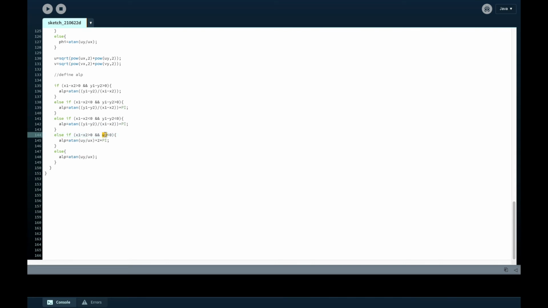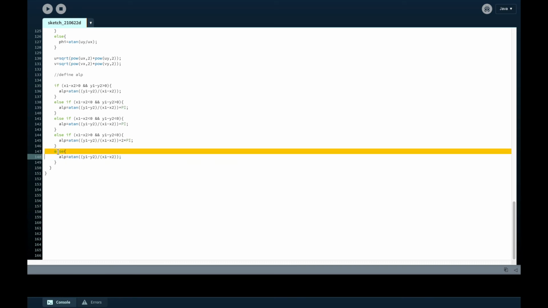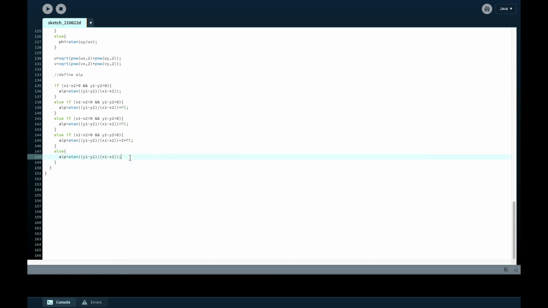And finally, if it's in the fourth quadrant, we have y1 minus y2 divided by x1 minus x2 plus 2 pi. And in the case where things don't work out, just say it is like that. So in the else case, if one of them is 0, it's going to move on to the else case, and it will work.